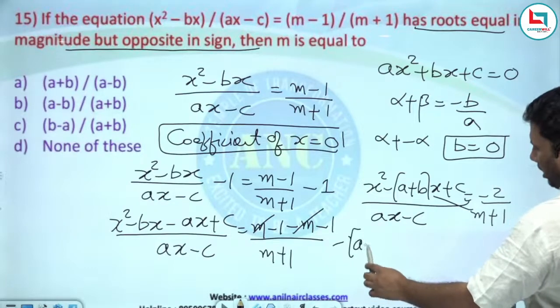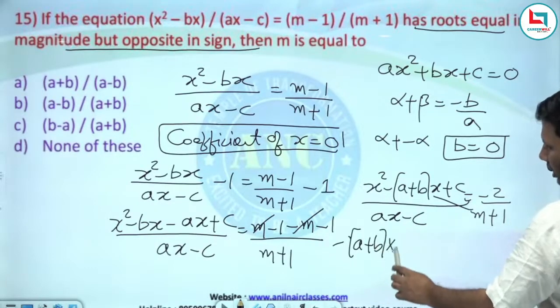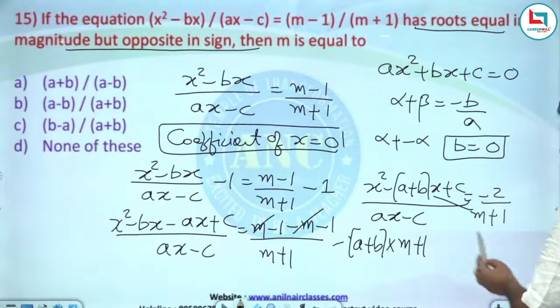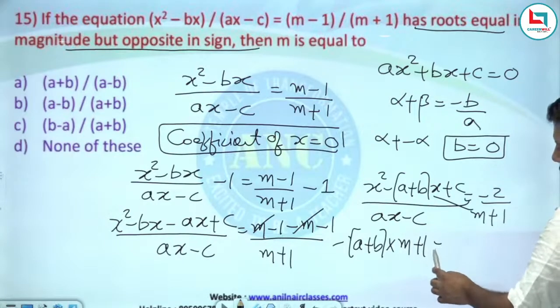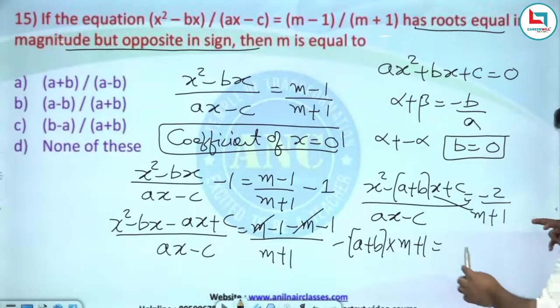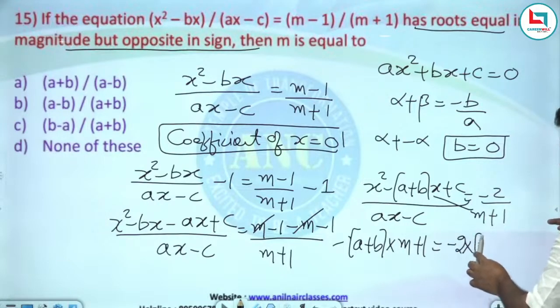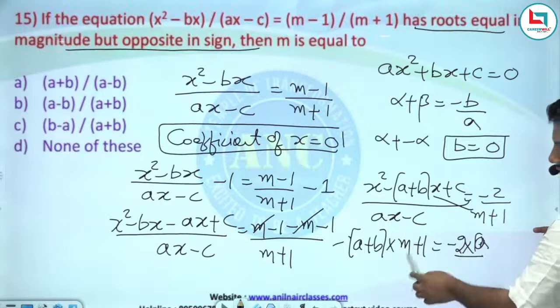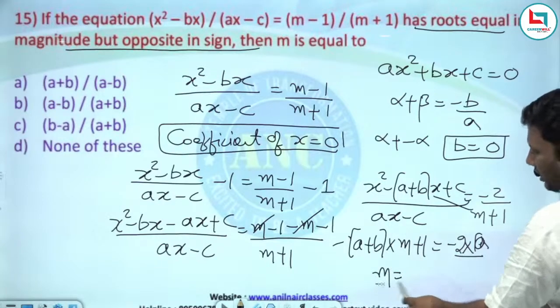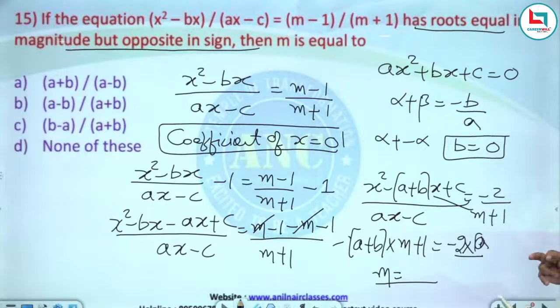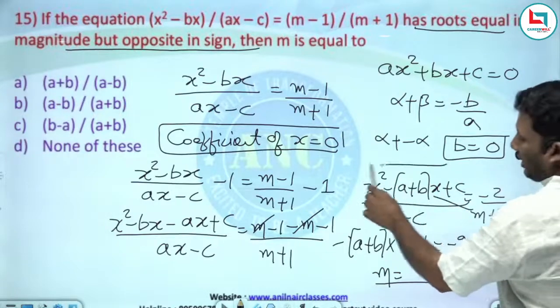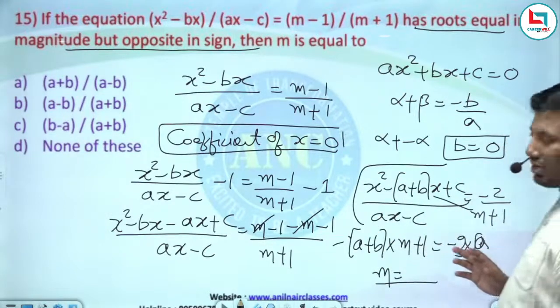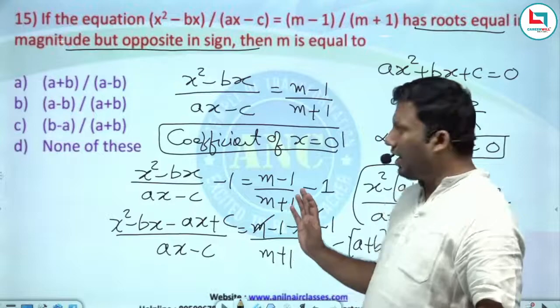Minus of a plus b into m plus 1 equivalent to coefficient of x minus 2 into a. From these calculate it, whatever the answer that you get, that itself will be the value of n. Here please take care of calculation. Do the calculation very, very slowly. I hope the idea it is clear.